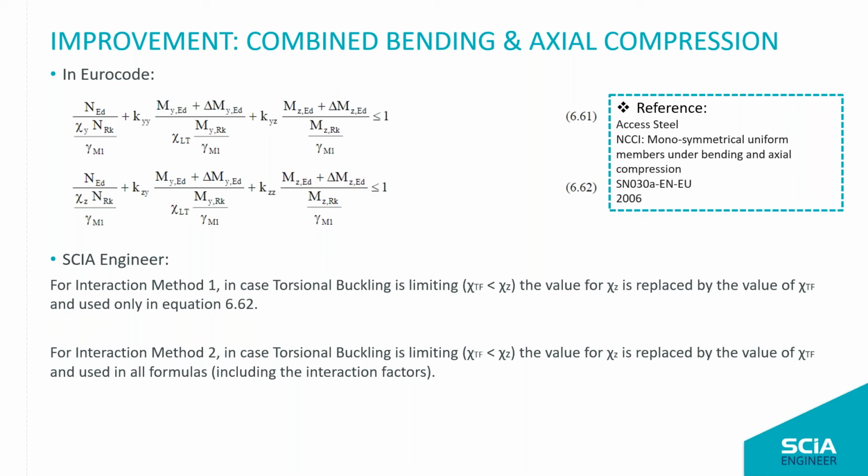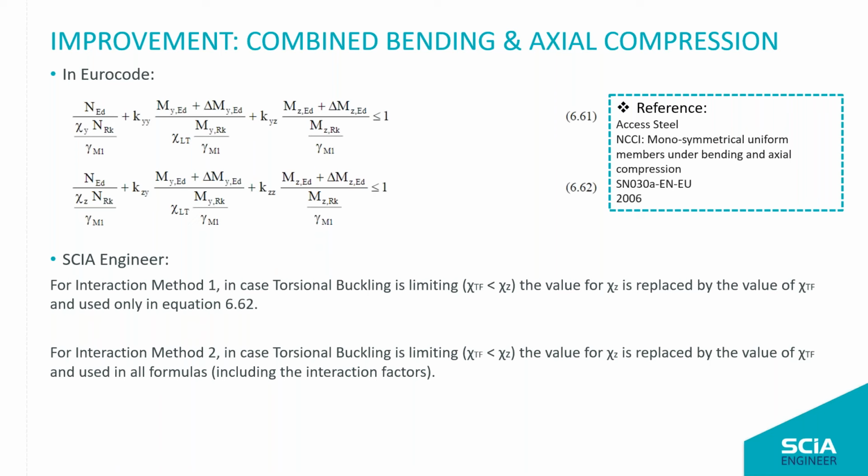Okay, now that we have calculated all the components, it's time to combine them in a combined bending and axial compression check. Here, actually, we go a bit more severe than the Eurocode.